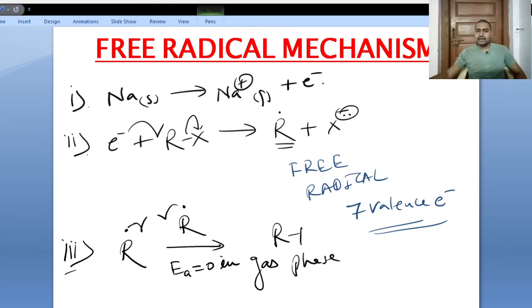So your product is RR. Free radicals are highly energetic. They are so energetic that they require 0 activation. They require nothing to proceed. I hope the free radical mechanism is clear to all of you.